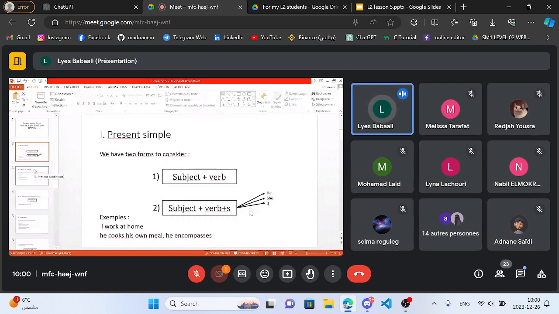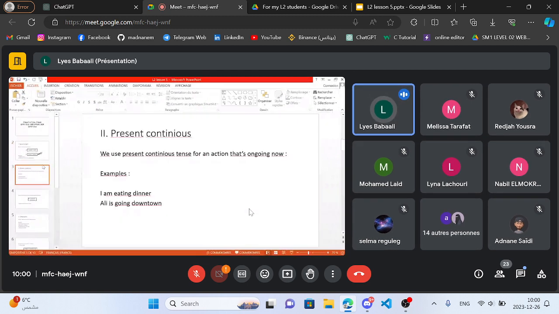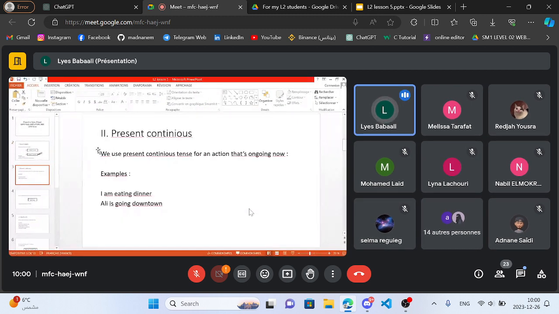We also have, so this is a very simple tense. We have the second tense, which is present continuous, which is a tense used for an action that's ongoing now. Like I am eating dinner, all is going well. So yeah, that's about it.